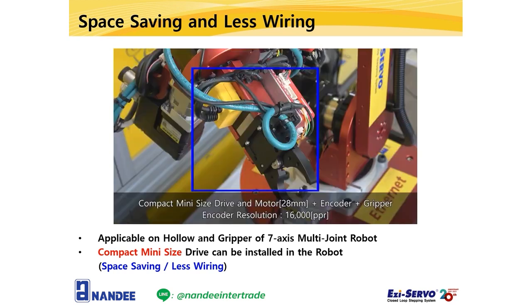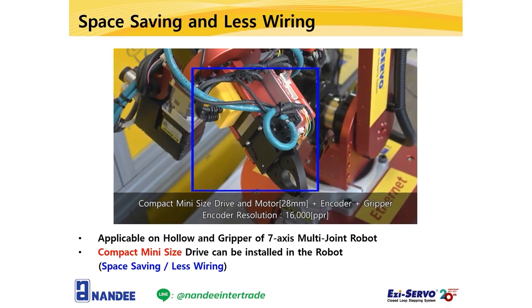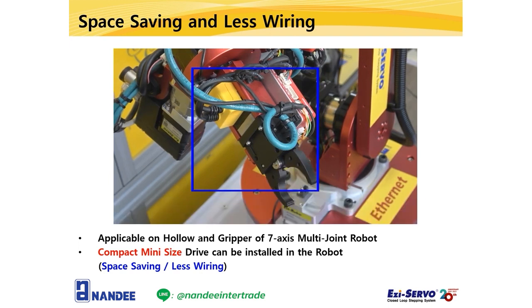This is the part applied to the gripper axis. The encoder cable is connected like this, and the motor cable is connected like this. You can check that the cable wiring is short because the distance between the motor and the drive is close.